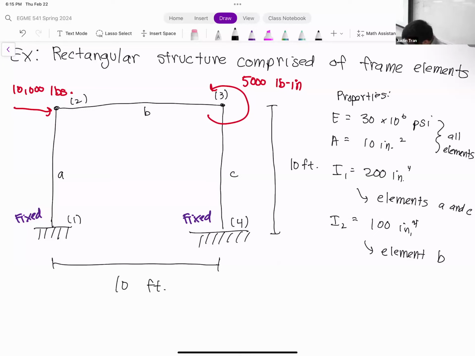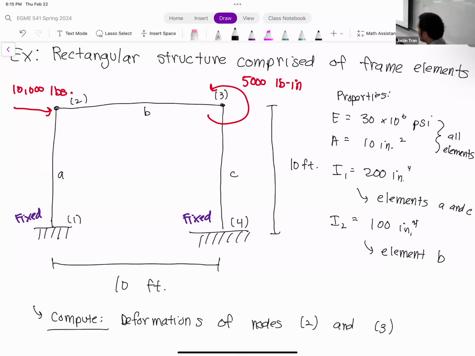So we want to compute the deformations of nodes 2 and 3, and we're going to do it via the direct stiffness method. Okay.